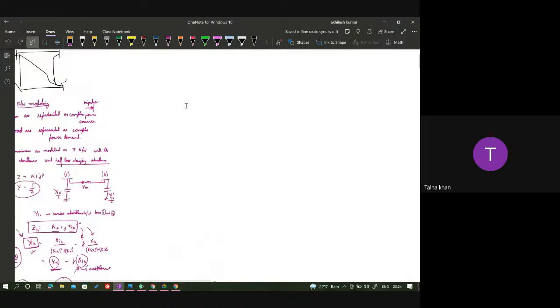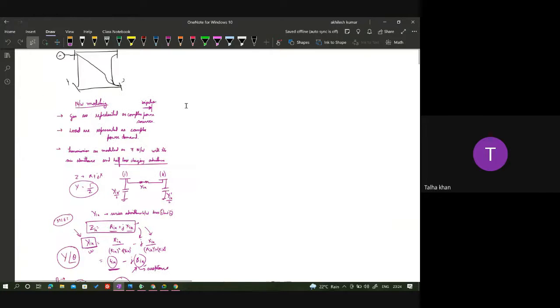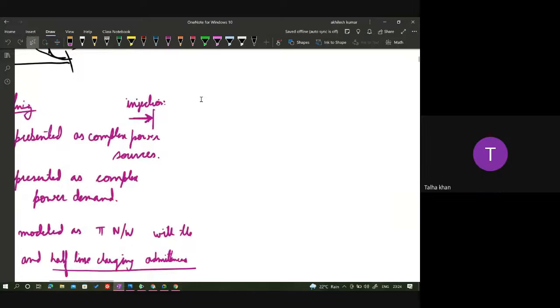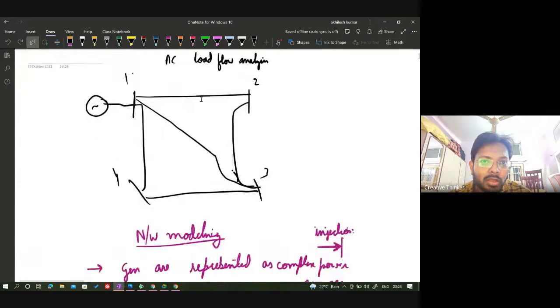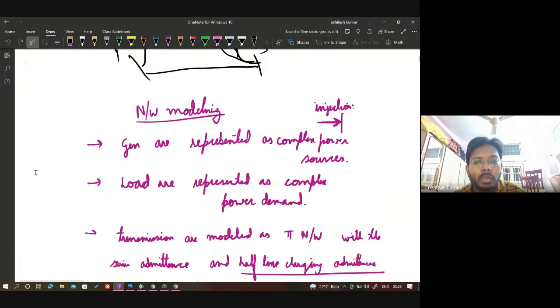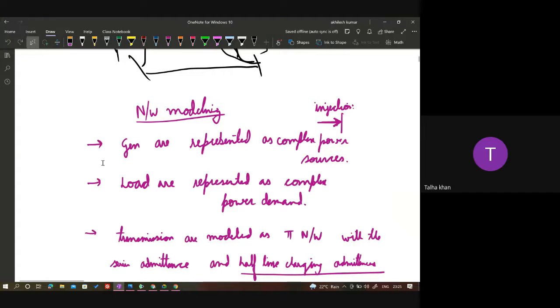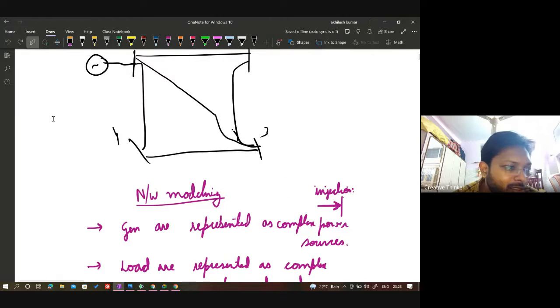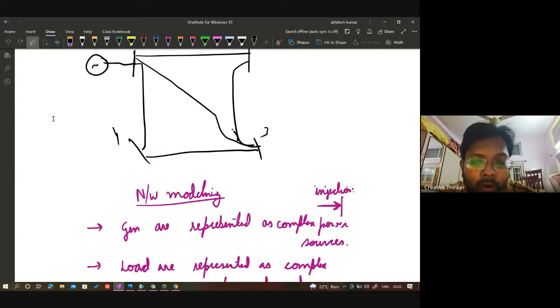For the Y matrix, you have to take one over the impedance, the admittance. What we were doing in the load flow analysis was modeling the network. And why are we doing load flow analysis? It is important for power system planning.